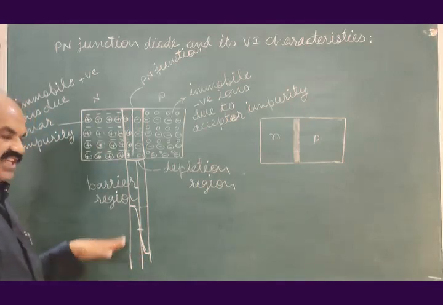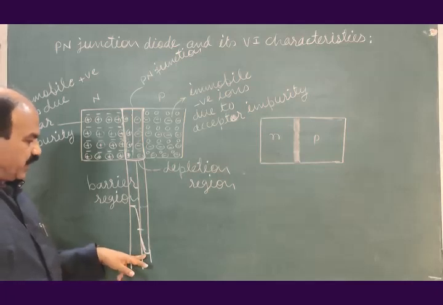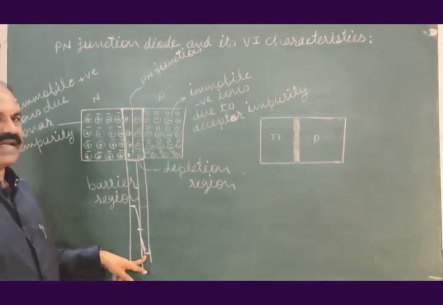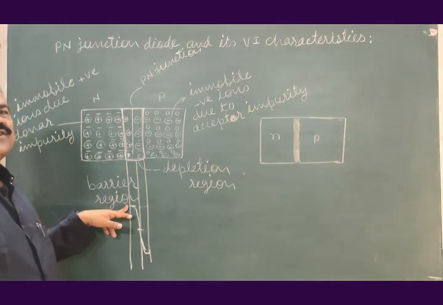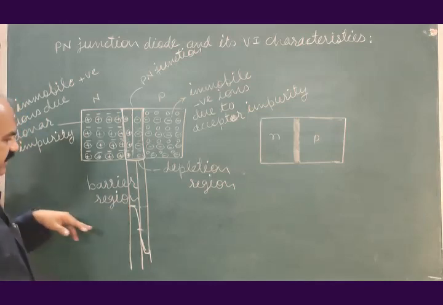If this is the energy axis, the holes are present in the valence band, and electrons are present in the conduction band.